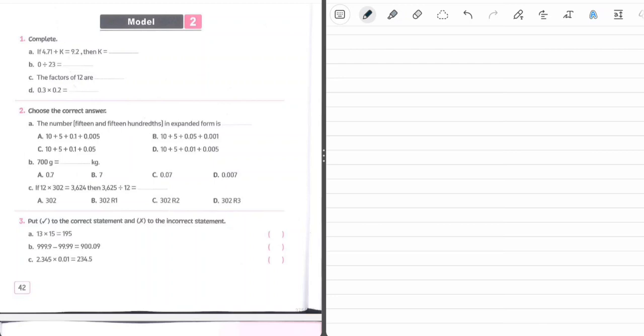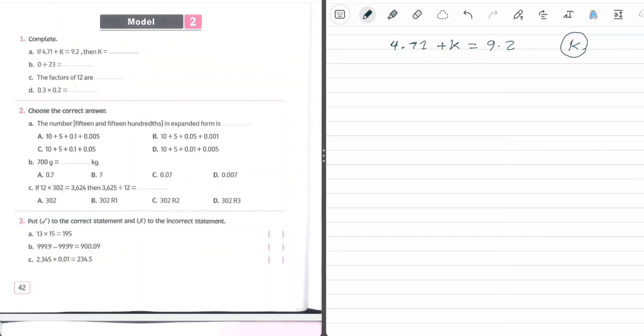Model 2. Our first question is 4.71 plus k equal 9.2. Then k equals what number? K is a variable or unknown.